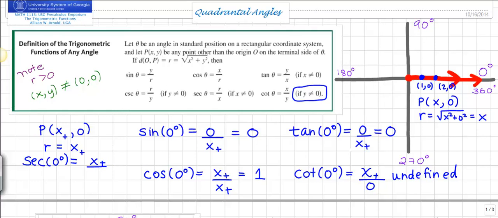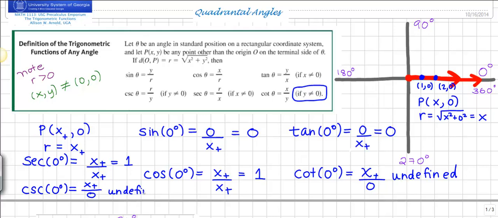I wrote that down wrong. The r value over the x coordinate, which would reduce to 1, and that makes sense. If cosine's 1, secant should be 1. And then cosecant would be the reciprocal of sine, but the reciprocal of 0 would not exist. You can still see this from the r value divided by the y coordinate of 0, and that guy's undefined.